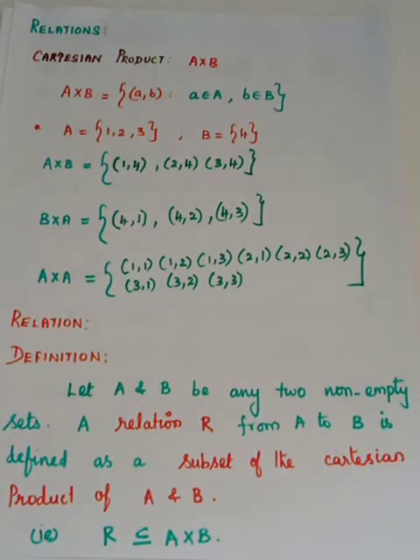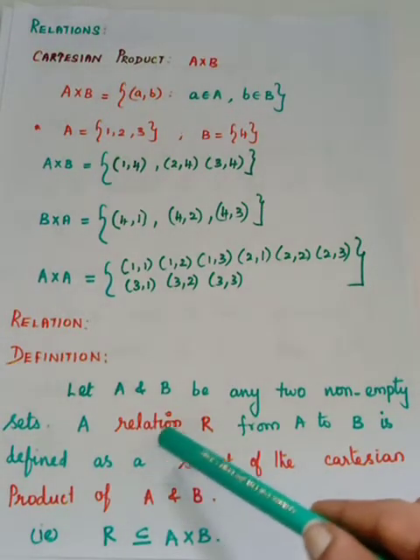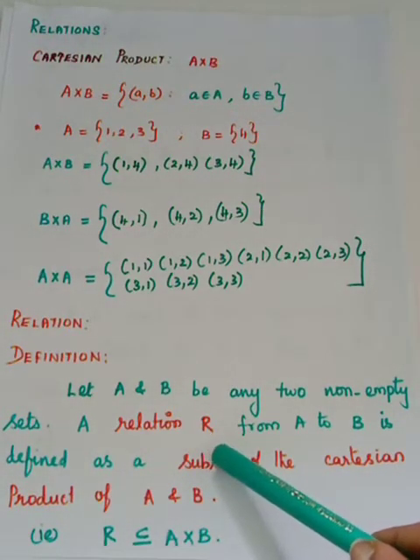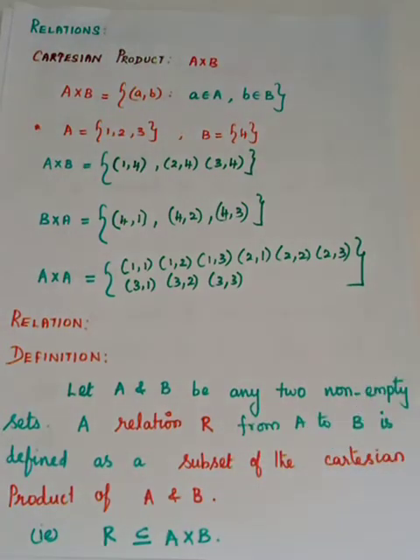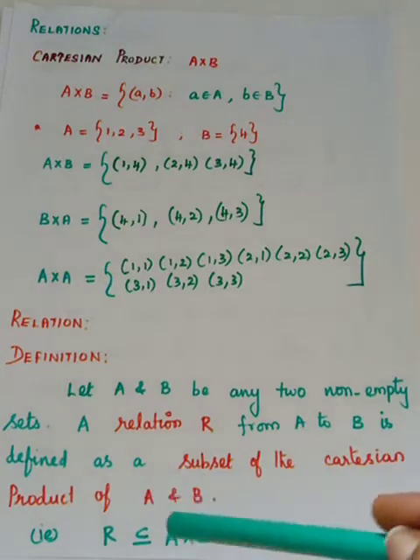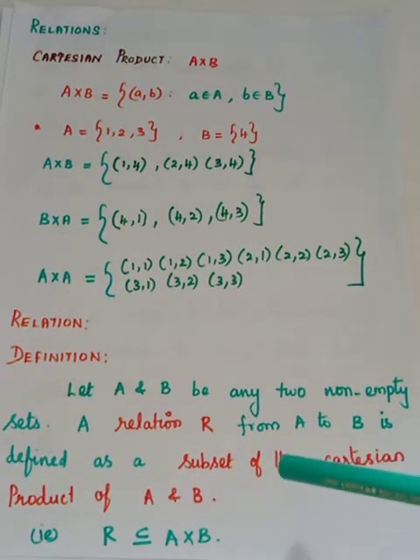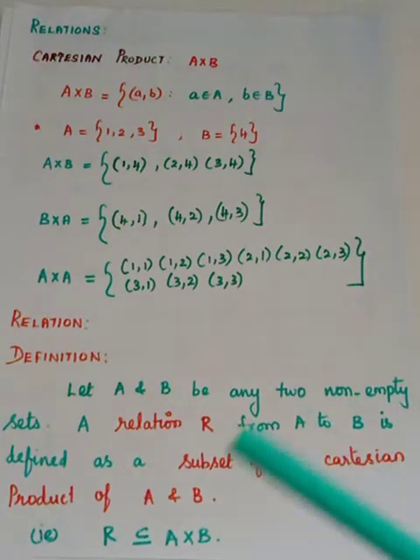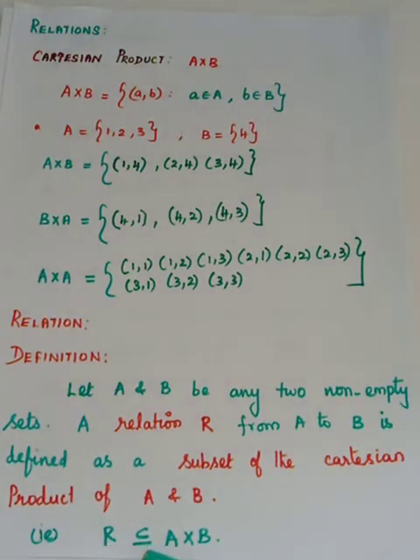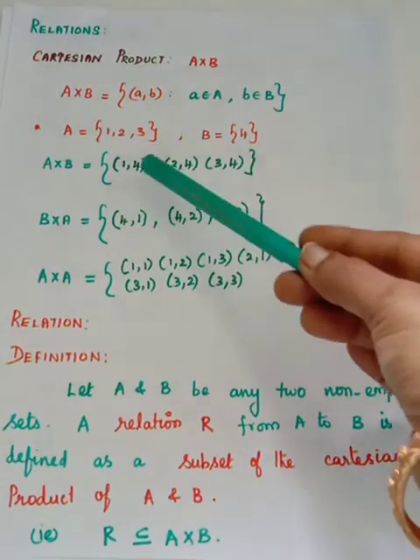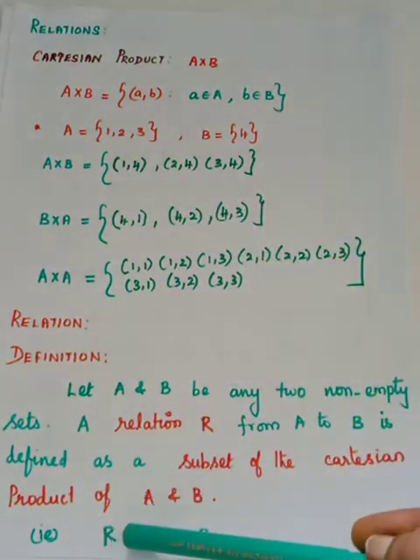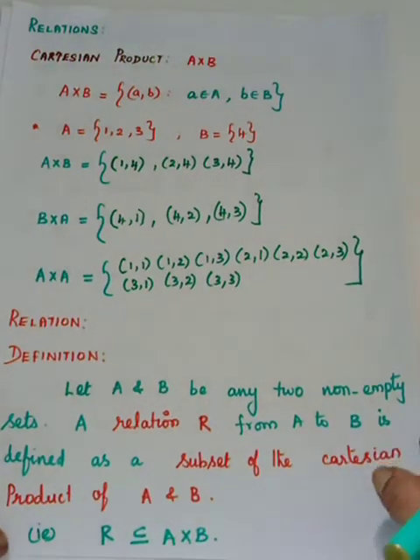We are considering two sets A and B. The relation, how we can write it, is R. So the relation can be written as R from A to B. That relation is defined as a subset of the Cartesian product of A and B. Okay, so relation R is a subset of A cross B. A cross B, how are the elements? They have to be written as ordered pairs. So in a relation also, the elements should be written as ordered pairs.